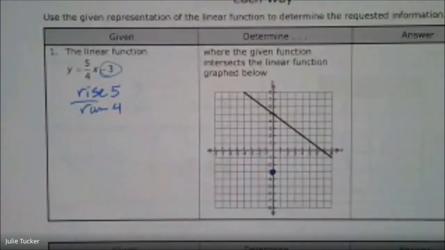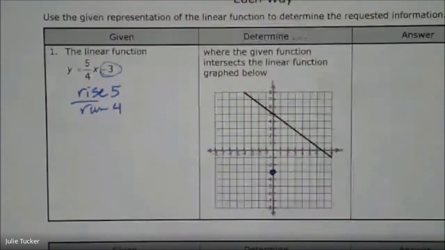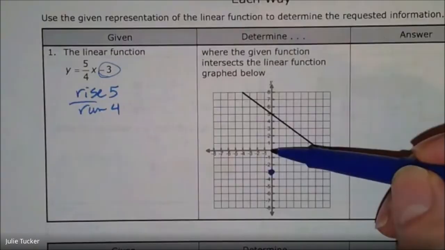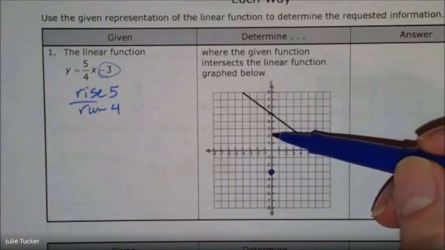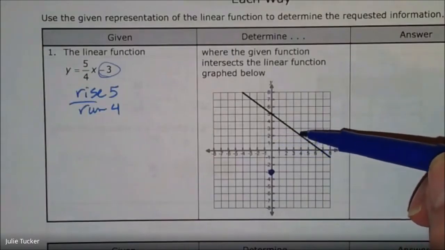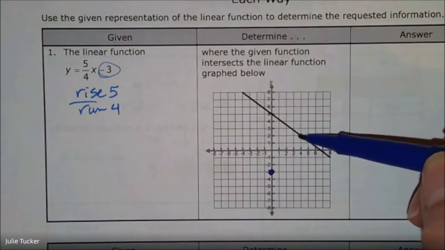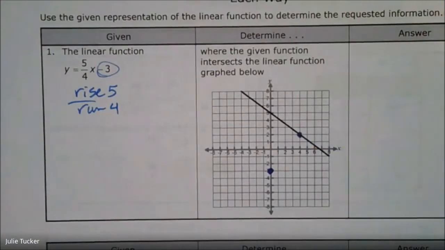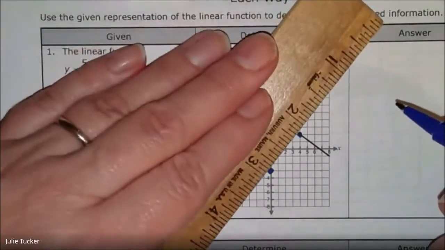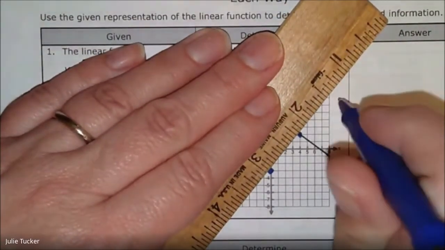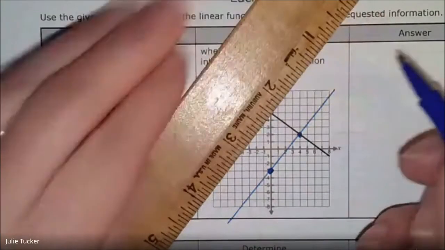And then we're going to use the slope. We're going to rise 5 and run 4. So we're going to go up 1, 2, 3, 4, 5, and run 1, 2, 3, 4. Oh, I think we already found the intersection point. So I'm just going to make this graph look nice, but we already know the answer.